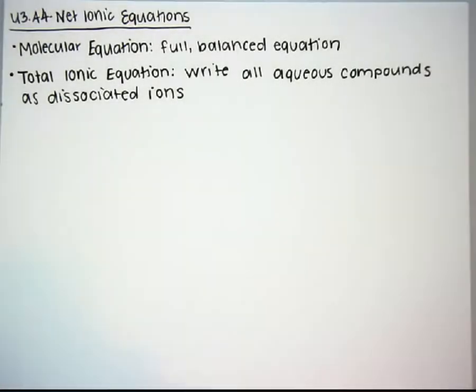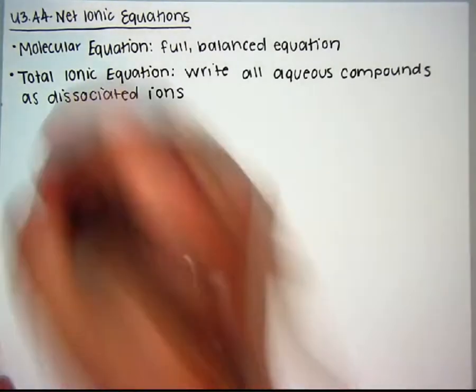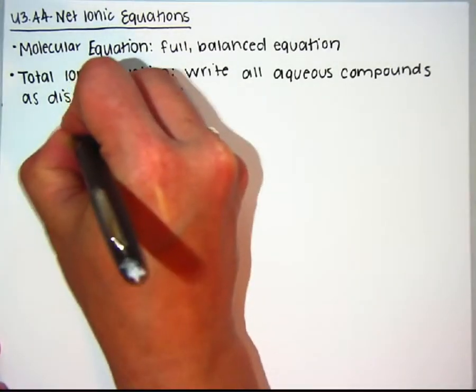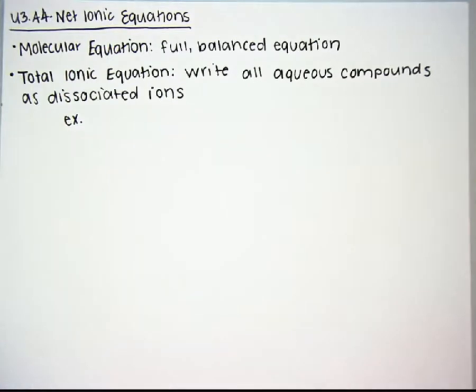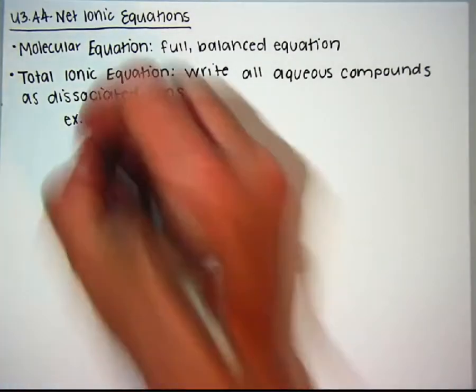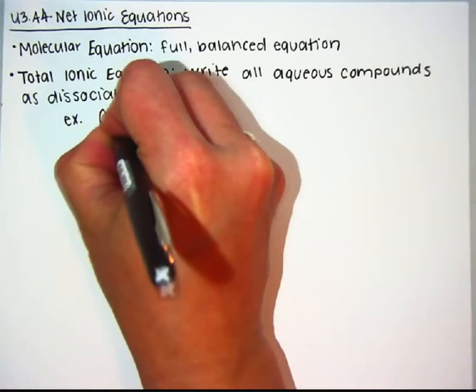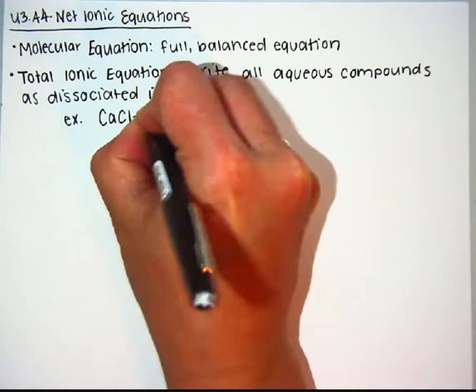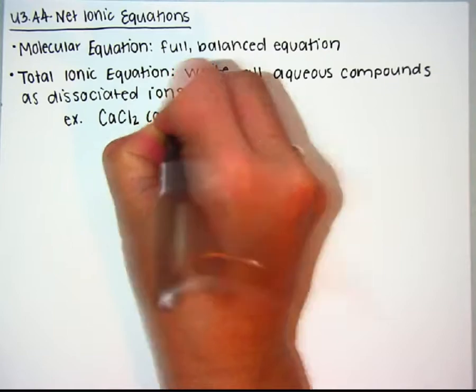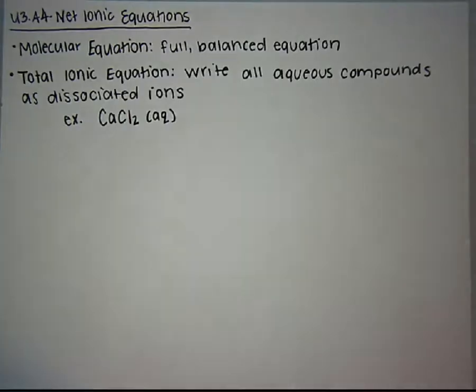Dissociation is just the process of an ionic compound breaking down into its individual ions. Let's say I had the ionic compound calcium chloride, and it is an aqueous compound.